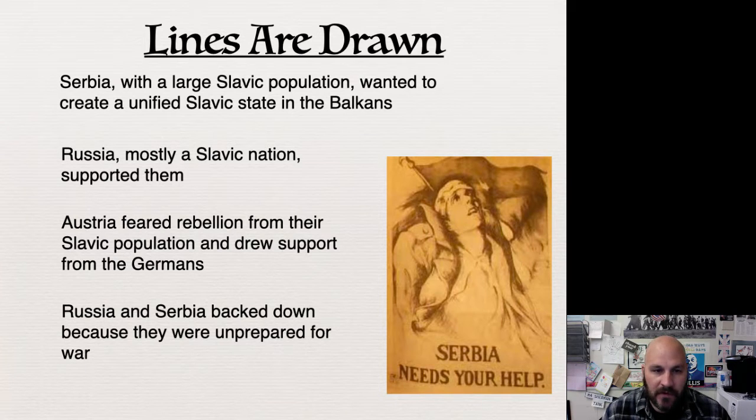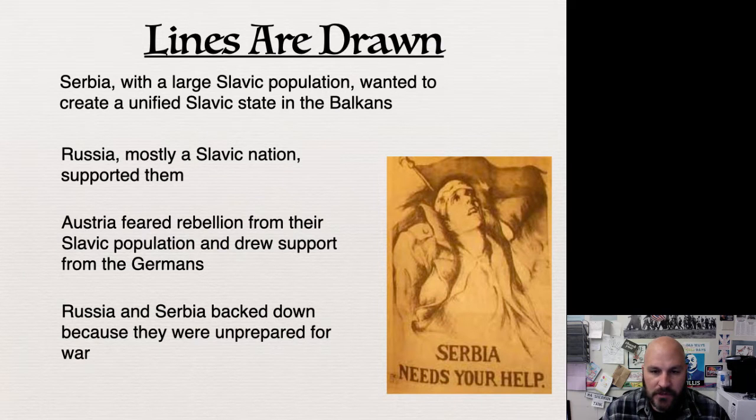So this is a very volatile area of Europe in 1914, and it's going to get more volatile with the assassination that we're going to be speaking about in just a moment. The Austrians feared rebellion from the Slavic population, so they basically are annexing the area of Serbia with the support of the Germans.